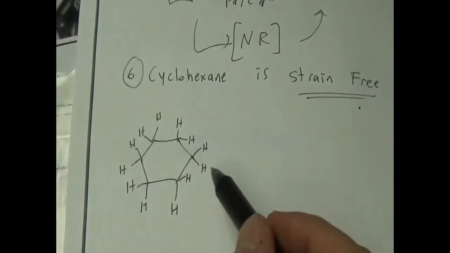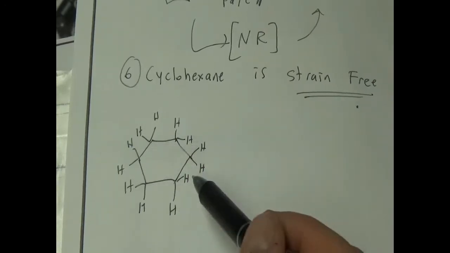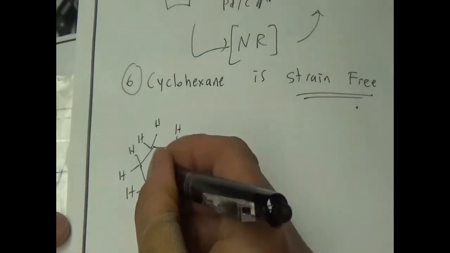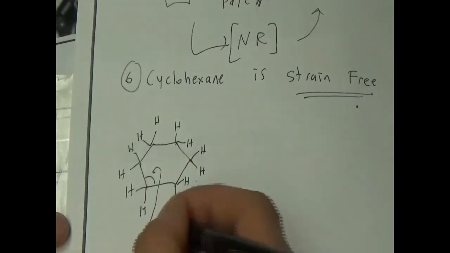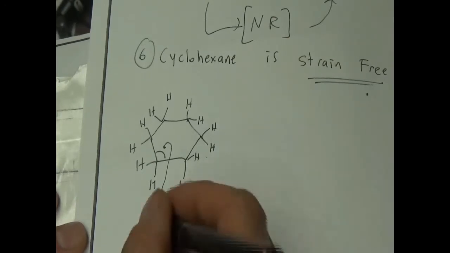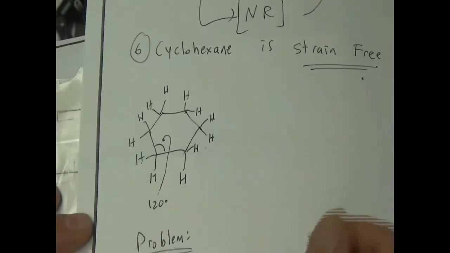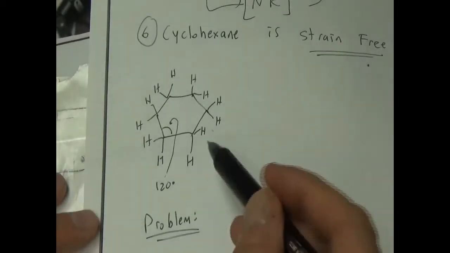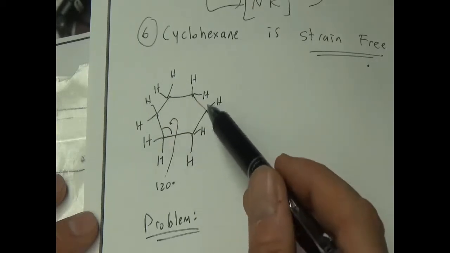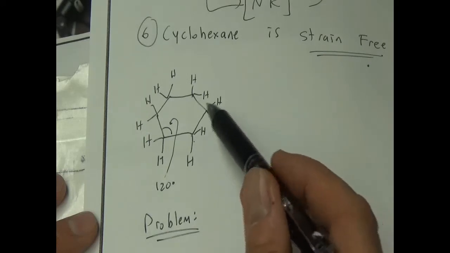If it did sit like this, and it was planar, like all the carbons are in the same plane, the bond angle would be 120 degrees, which is actually not that bad. But the big problem is what? If all the carbons are in the plane of the page, then what would happen to each of the CH2s?